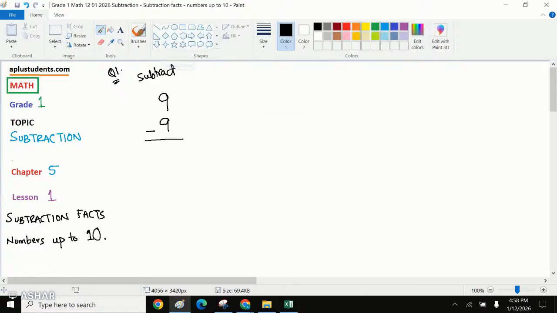let's suppose some shapes, or let's write down some numbers. We have the numbers 1, 2, 3, 4, 5, 6, 7, 8, and 9. From these 9 numbers, we need to remove the 9 because we are trying to subtract 9 from a 9, right?